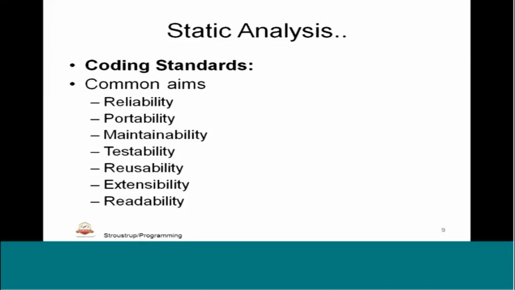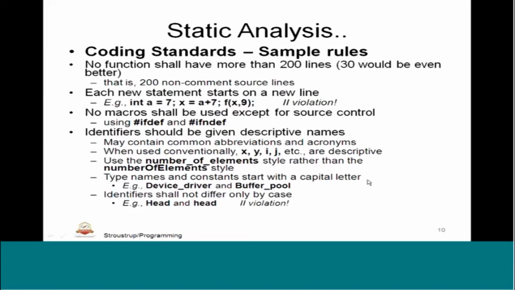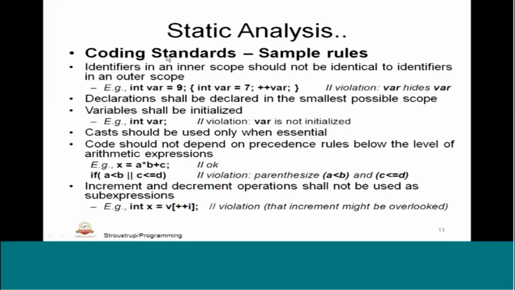Sample rules we had seen: we cannot have multiple statements in a single line, as readability is lost, and we cannot have macros except for source control. Identifiers should be provided with descriptive or meaningful names, and functions cannot be more than 200 lines, as that is difficult to maintain.